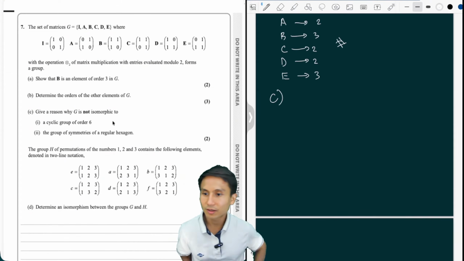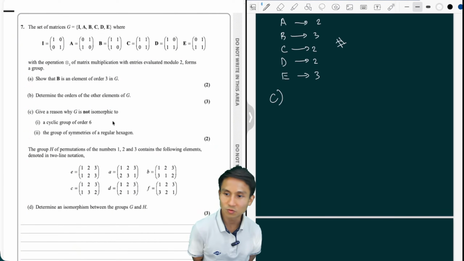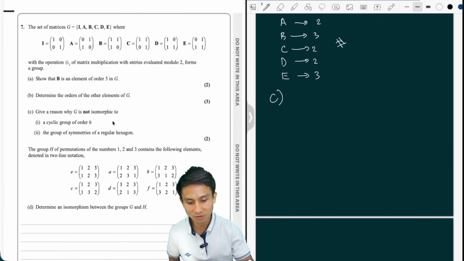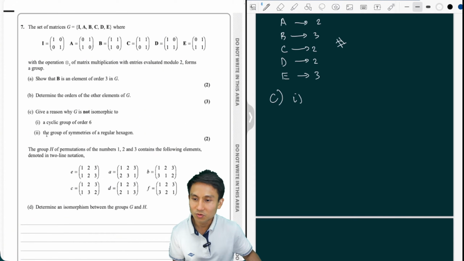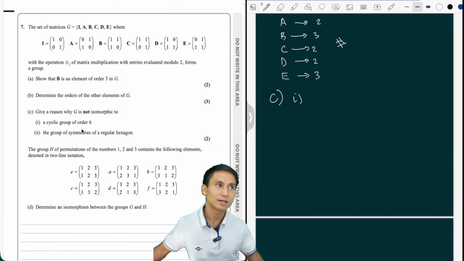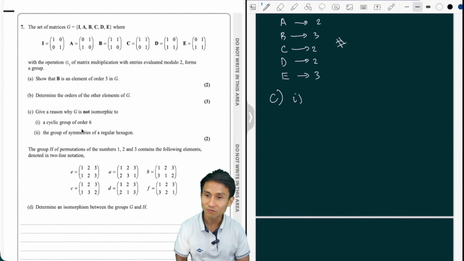Part C. Give a reason why G is not isomorphic to the two of those. Okay, so part I. Why is it not isomorphic to a cyclic group of order 6? Well, a cyclic group of order 6 means that at least one of the elements should have order 6.